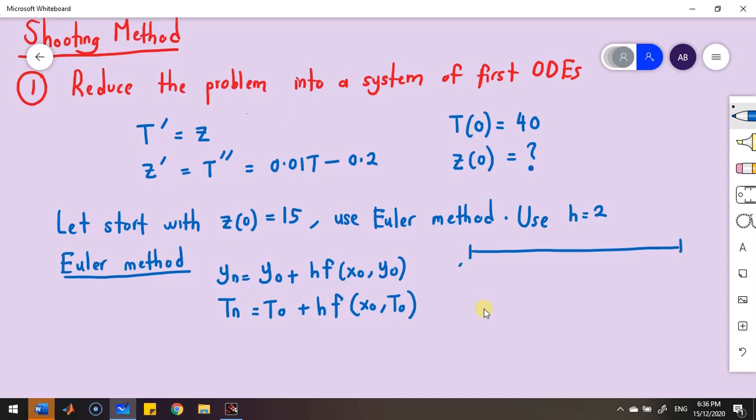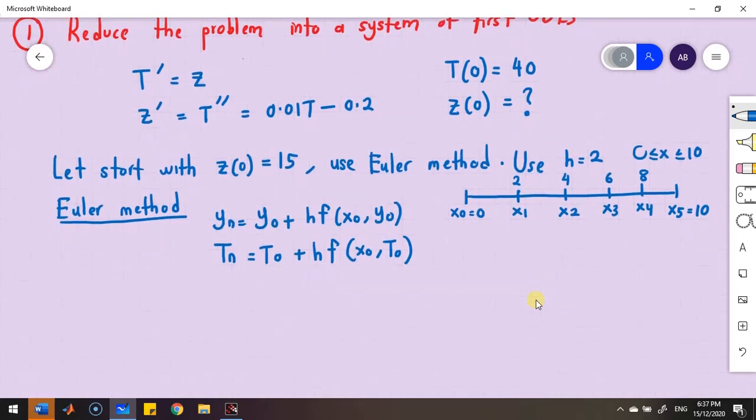I start from x naught equals 0, and x5 equals 10. Remember, x is given from 0 to 10, right? So I need x1, x2, x3, x4, and x5: 2, 4, 6, 8, 10. So I need 5 iterations.